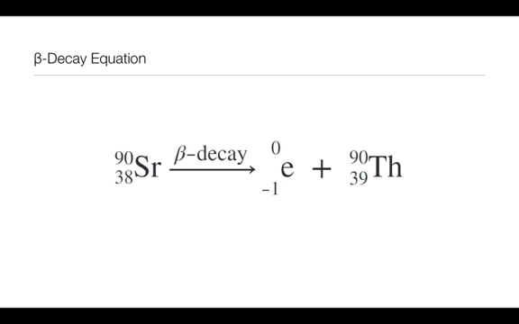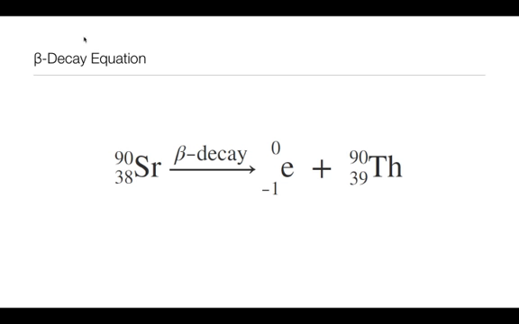The difference is that we have more protons than we had in the original strontium. When the electron gets ejected out of the nucleus, you can think of that as turning a neutron, which is neutral, into a proton, leaving behind the positive charge for the proton and ejecting the negative charge from the electron.